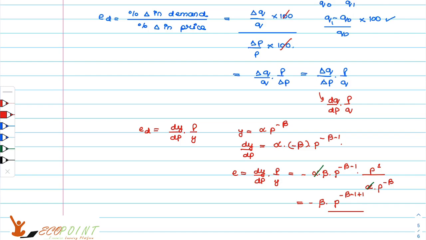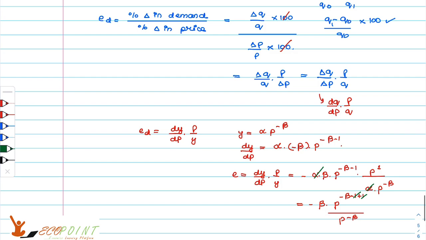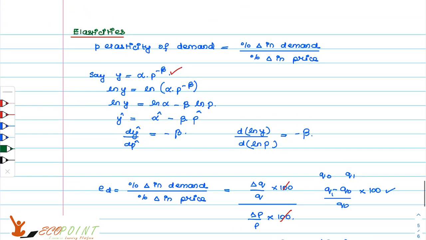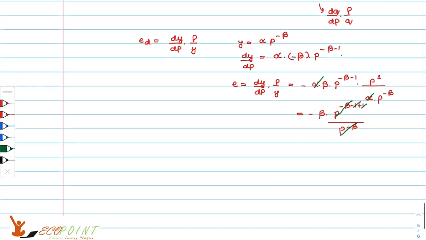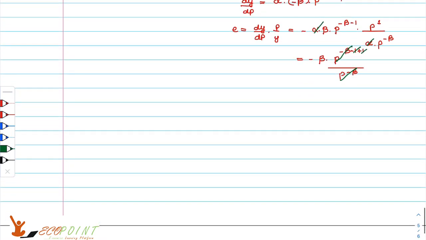The minus 1 plus 1 cancels, and you have just p to the power minus beta upon p to the power minus beta, and you are left with minus beta. So this is the way you find the elasticity. I've shown you how to find the elasticity of demand, and also how to find it using the logarithmic way.